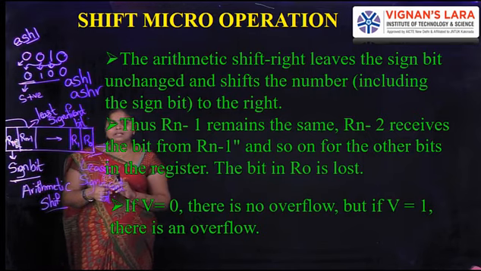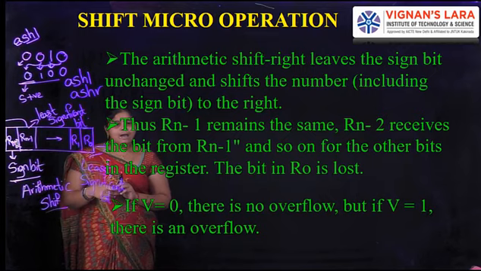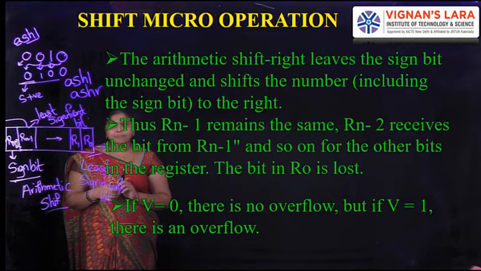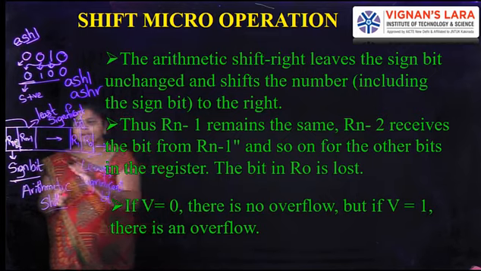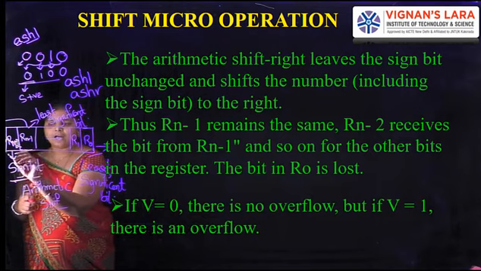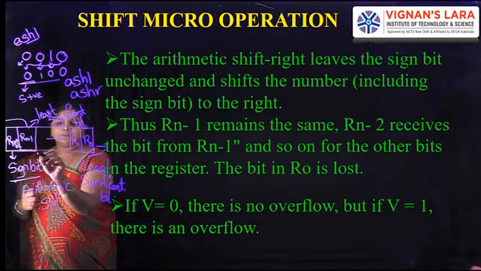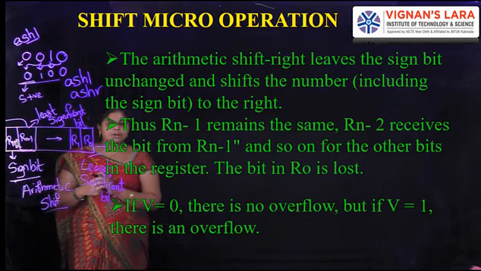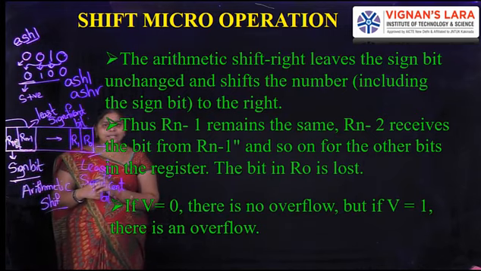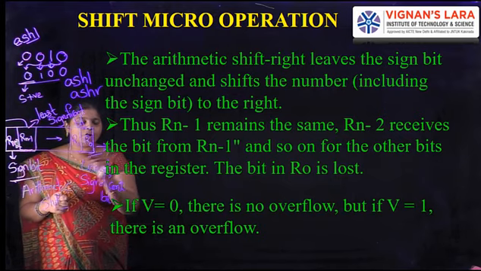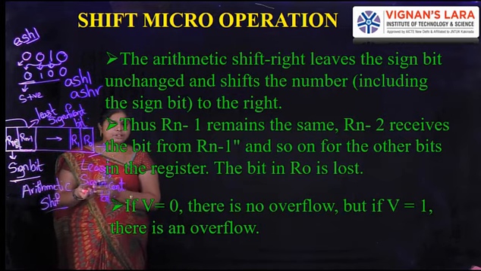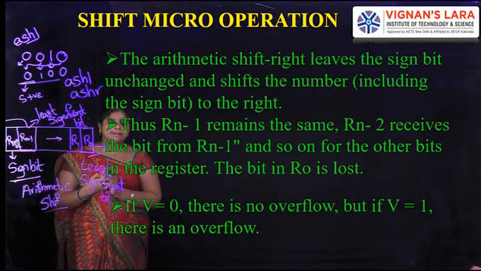Thus Rn-1 remains the same, and Rn-2 receives the bit from Rn-1. Here we have to see Rn-1 and Rn-2, the information received from both most significant bits. The bit R0 is lost. Like the logical shift, in the arithmetic shift the final bit is lost.